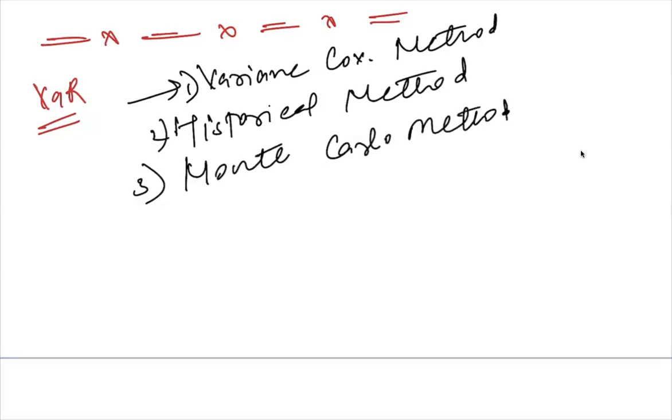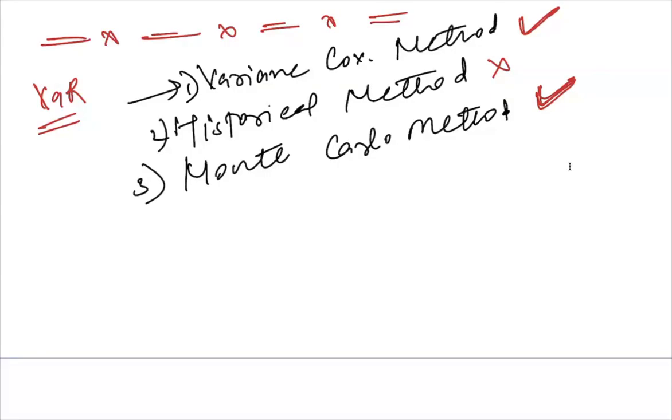So to answer your question, why volatility is not considered: it is not considered in just this one. The volatility is actually considered in these two. When I show you that, you'll understand. So volatility will be considered in the variance covariance method and in the Monte Carlo method.